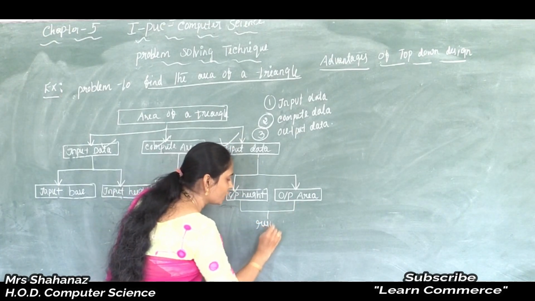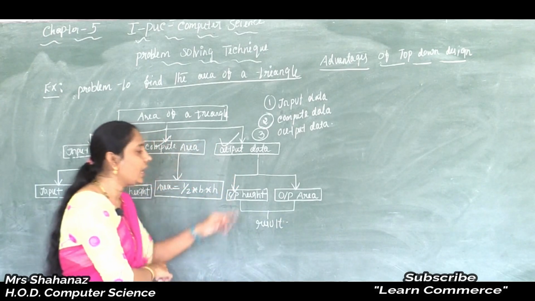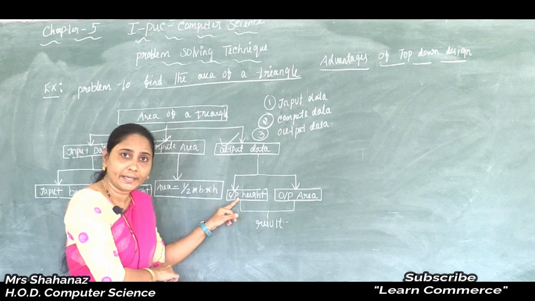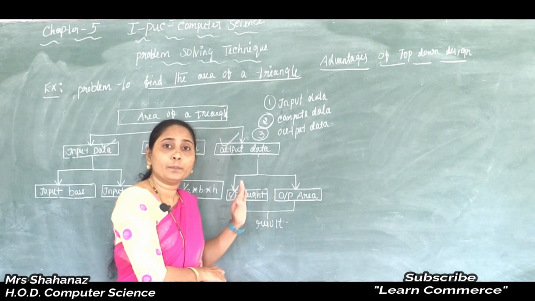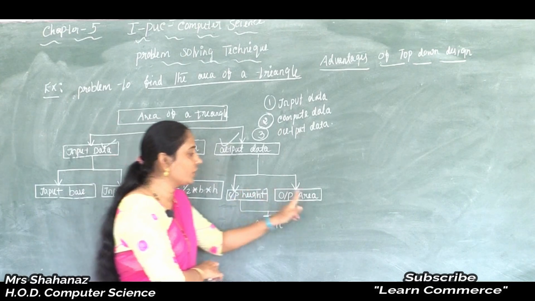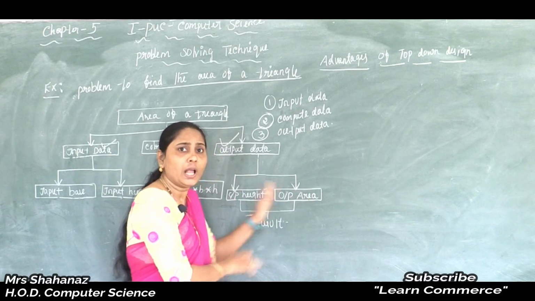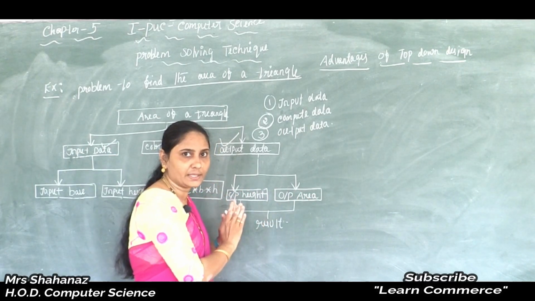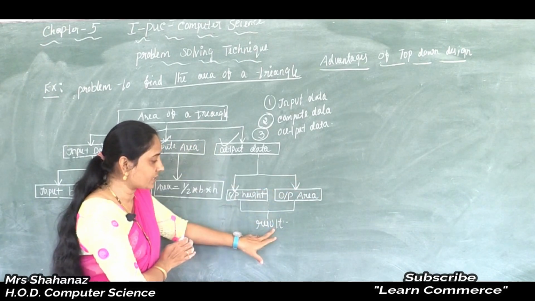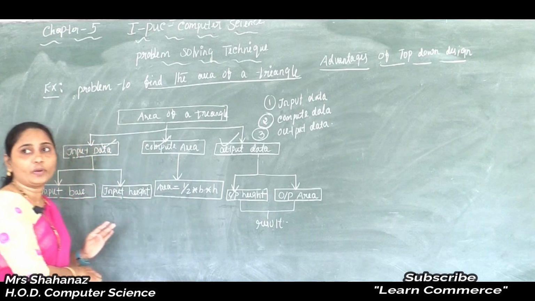So the result of the area of a triangle here, otherwise simply we can write as the output height and the output base in this case here. Otherwise, totally we can write it as the output area. So clear, both are called the result of the area of a triangle here.